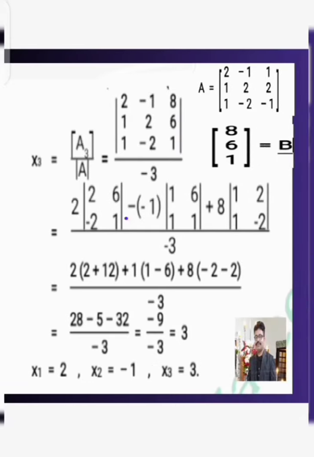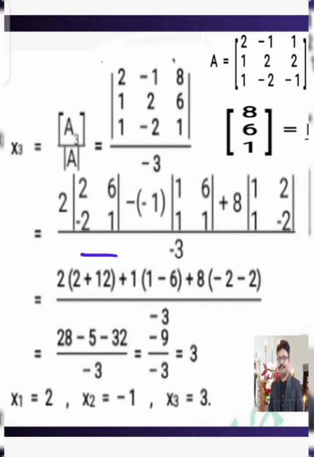Now minus into minus, we will get positive 1. 1 multiplied by 1, we will get 1. 6 multiplied by 1, we will get 6, minus 6. 8 will be the same. 1 multiplied by minus 2, and 2 multiplied by 1, we will get 2, and the sign of minus between the cross product.